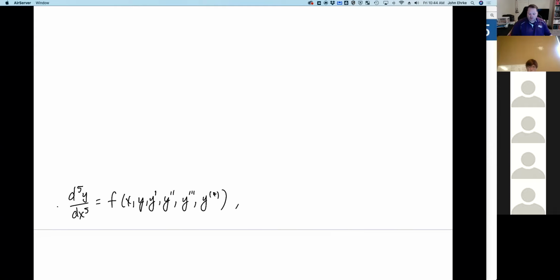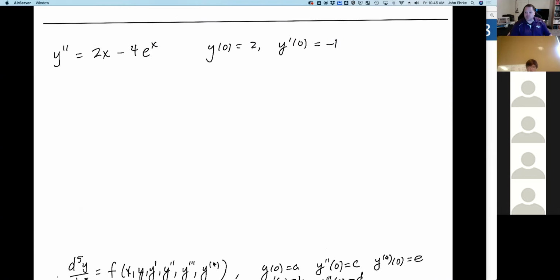But if I'm going to give you an initial condition, I've got to know the value of y at a point, y prime at a point, y double prime at a point, y triple prime at a point, and the fourth derivative of y at a point to be able to solve something like that. So as you increase the order of a differential equation, you need more initial conditions to be able to pinpoint the exact solution that you're interested in, which obviously becomes messy.